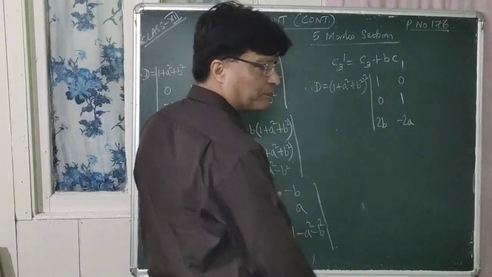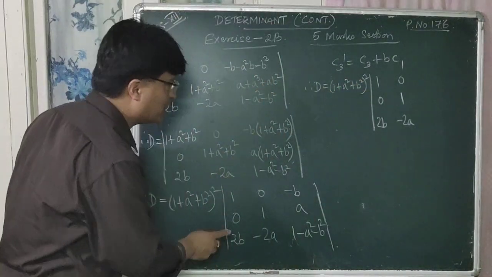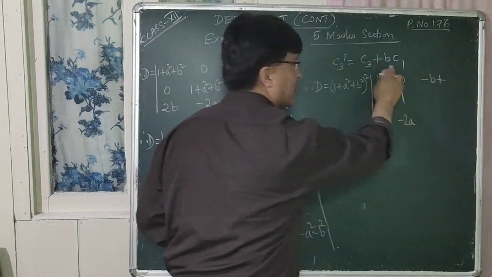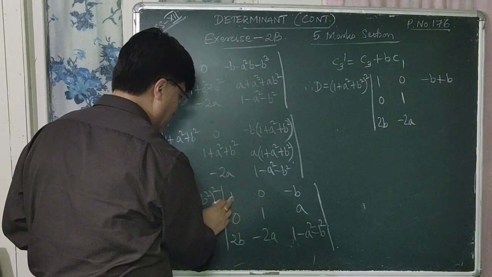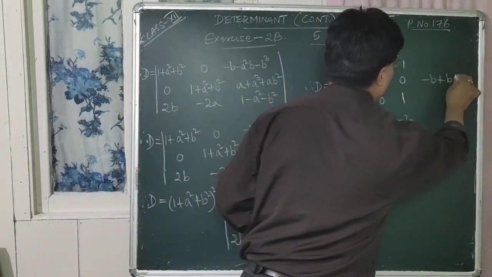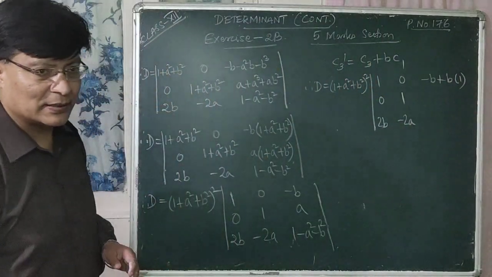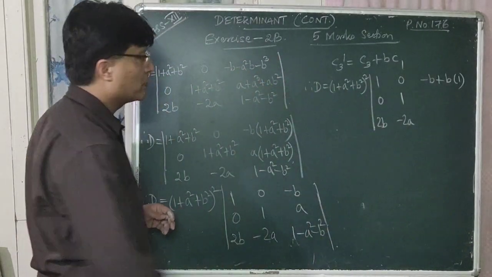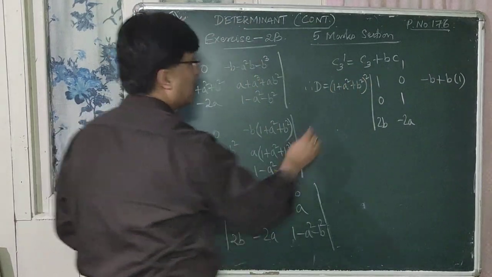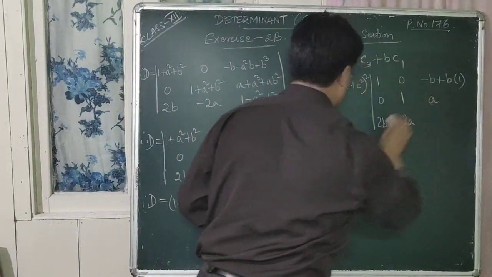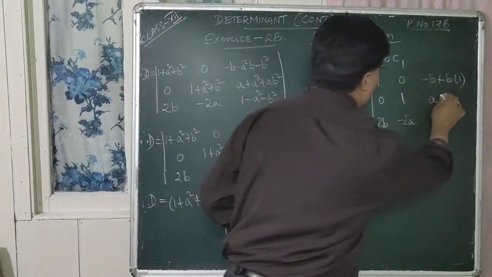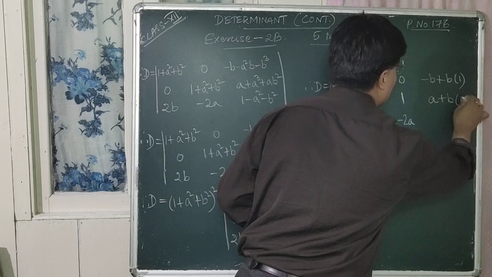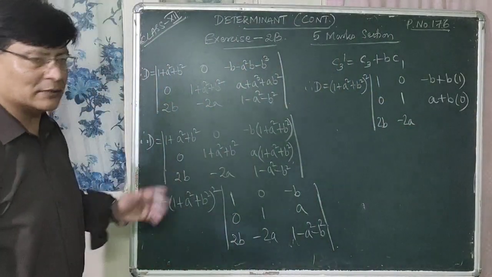So what do we get? What is C3 here? First of all it is minus b. Write down minus b here. Plus b is there. What is C1 here? C1 is 1 here. Next, the second element of the third column. What is C3 here? It is a. C3 is a plus b into, what is C1? C1 is 0, right? Is that clear?